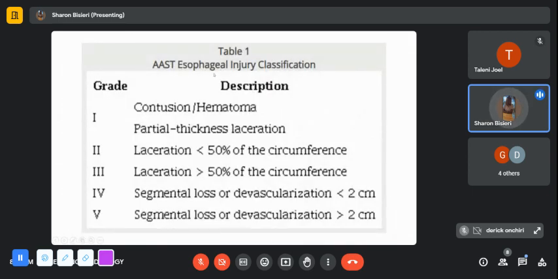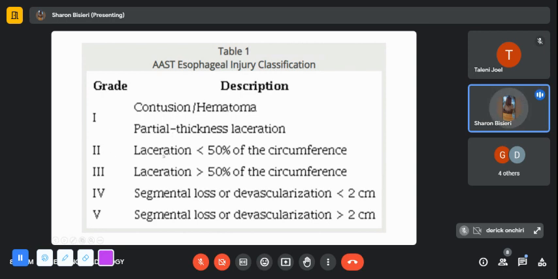According to the American Association for the Surgery of Trauma, they've classified esophageal tears into these 5 different types. In grade 1, you have just a contusion or a hematoma within the esophagus itself, accompanied with a partial thickness laceration.